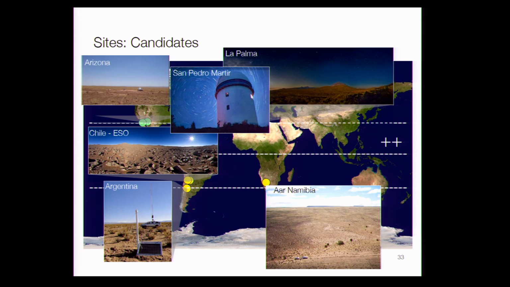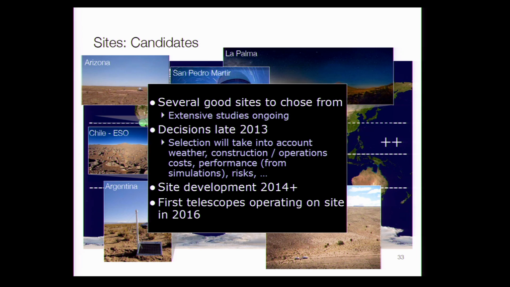There's currently a site study going on. So there are 3 sites in the south: Namibia, Chile, and Argentina. And in the north, the proposed sites are the Canary Islands, Baja California, and Arizona near Meteor Crater. We're currently evaluating these sites and are about to decide where to put our southern array.